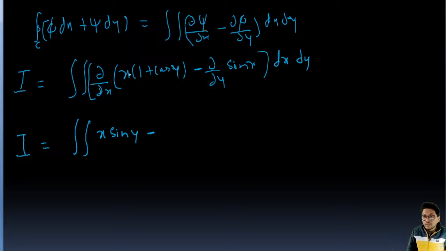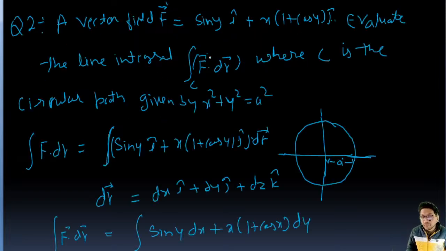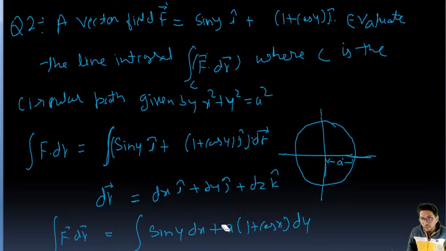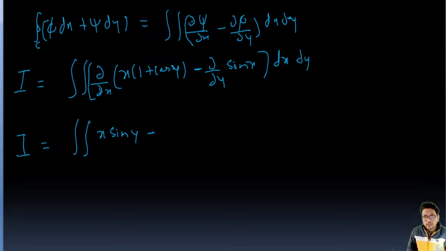Okay, so guys, here this x is not there, it is just 1 plus cos y, that's why there is some issue. So this is 1 plus x cos y.